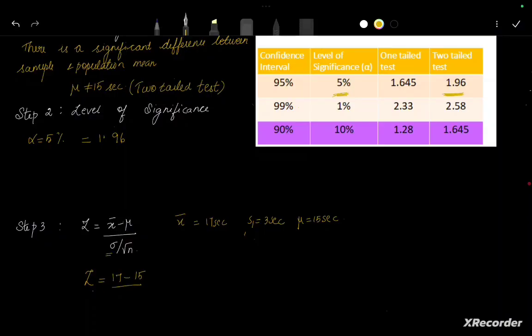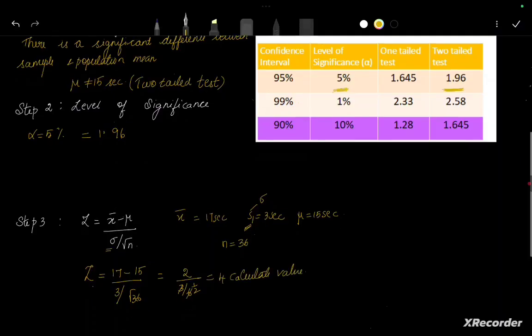You don't have sigma here; instead, you have the standard deviation of the sample. When the standard deviation of the population is not given, you can consider the standard deviation of the sample itself as the standard deviation of the population. So S1 is equal to sigma, which is 3 seconds. That is 3 divided by root of n, and n according to the problem is 36, so root of 36. 17 minus 15 gives you 2, and 3 divided by 6 is 1 by 2, so 2 divided by 1 by 2 is equal to 4. This is your calculated value.